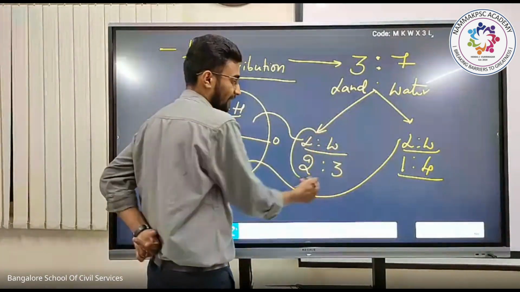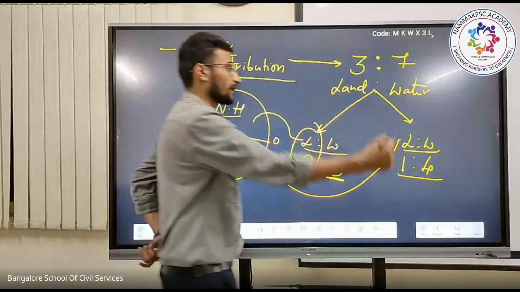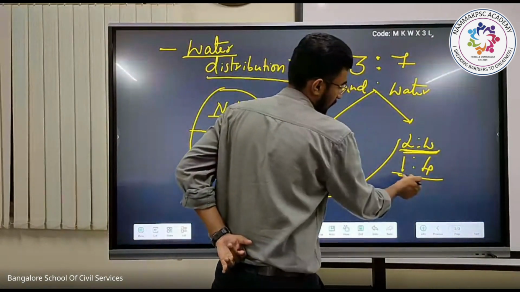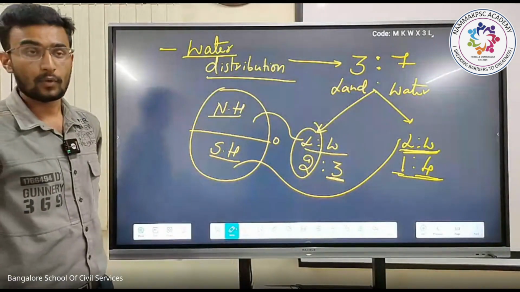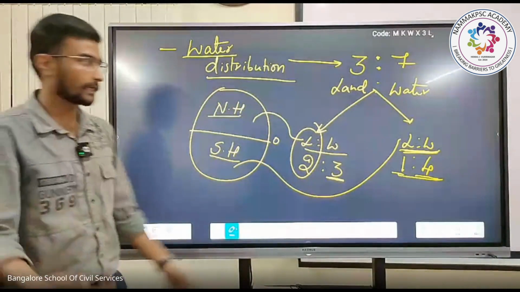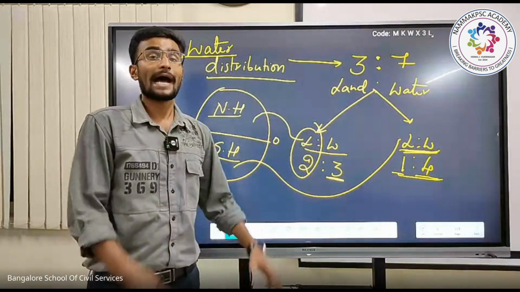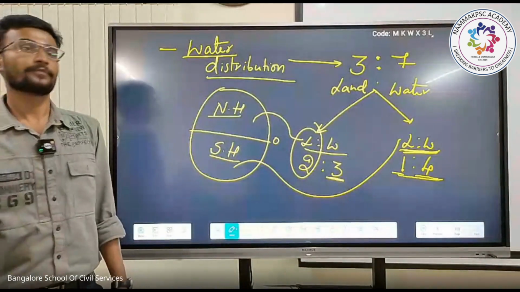Two times land, whereas water is three times. Whereas with respect to the southern hemisphere, it is 1:4. If they ask which hemisphere has the most water, it is the southern hemisphere. Where is the land majority? It is the northern hemisphere.